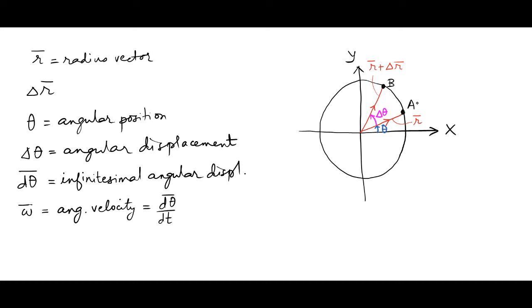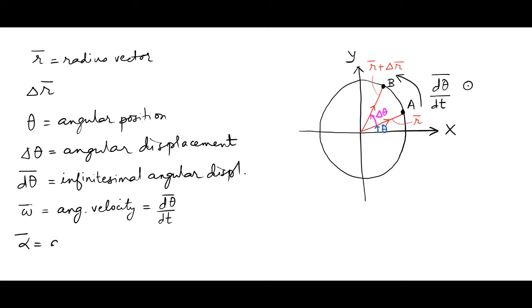For example, in the diagram, if the particle moves from A to B, then the right hand rule tells us that d theta bar, I'm assuming that this is an infinitesimally small angular displacement, is out of the plane of your screen, and so would omega bar be, because you are essentially dividing d theta bar by a positive number dt. So that's how to find the direction of omega bar by the right hand rule.